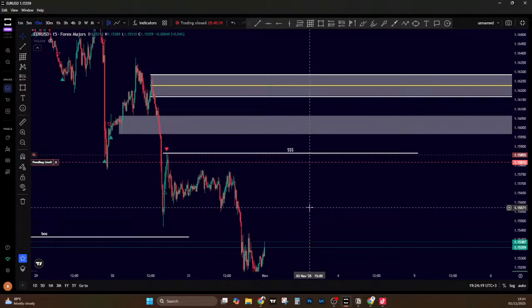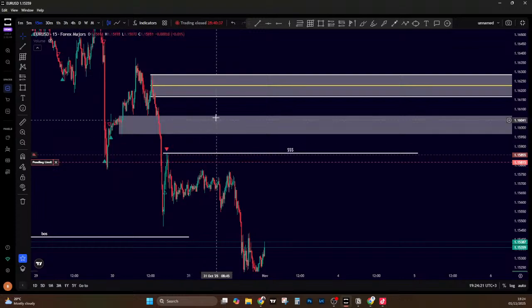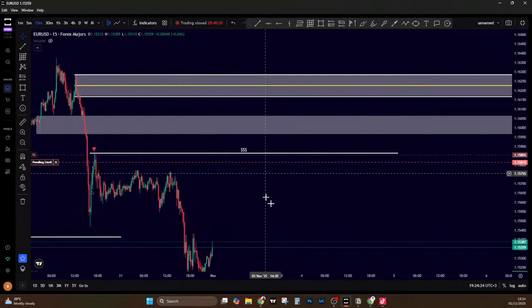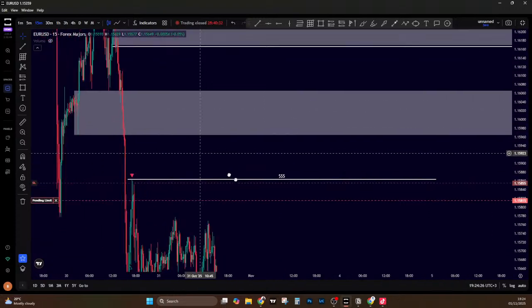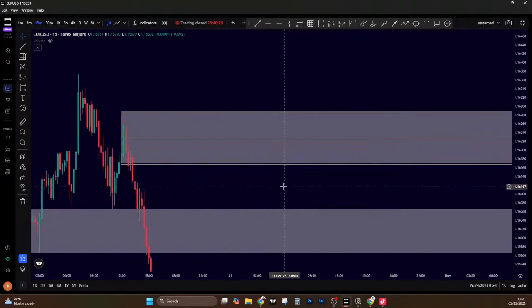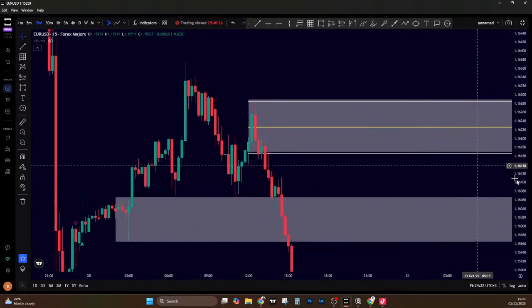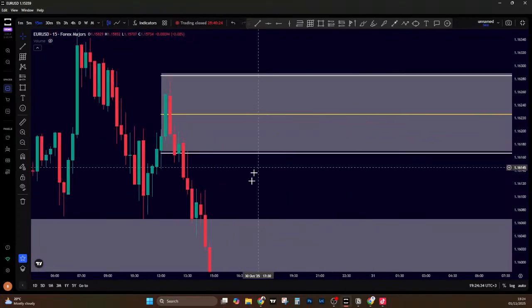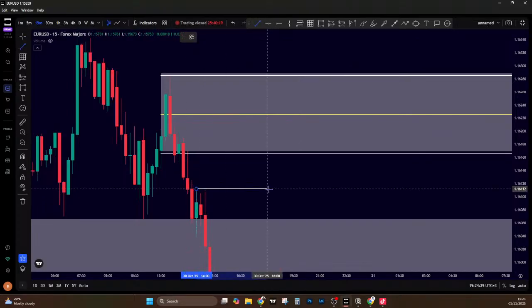I'll be looking for sales on EU. If the market goes past this area, because I can see two things. I can see there is some liquidity here.